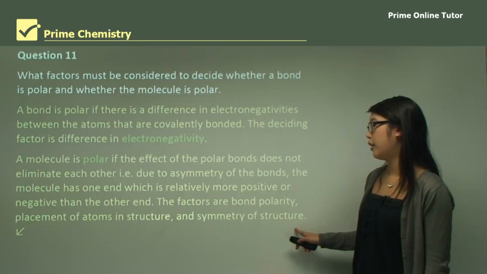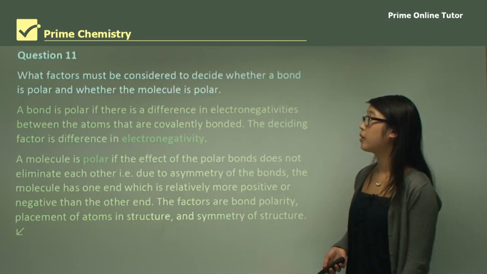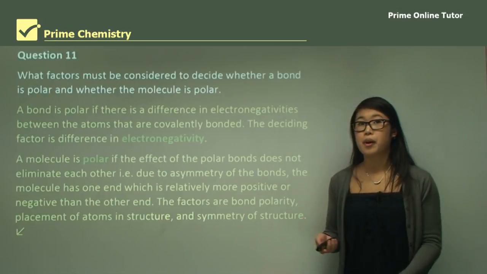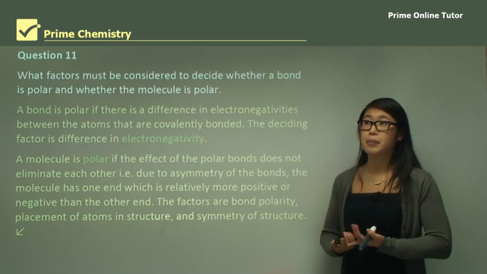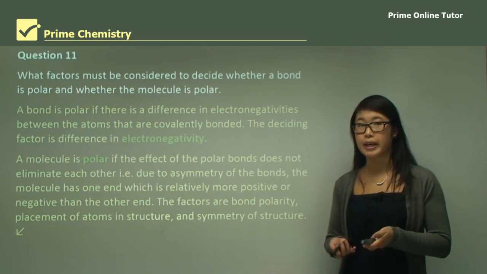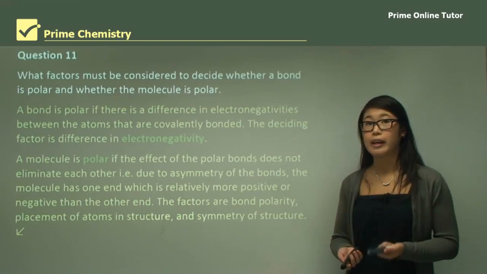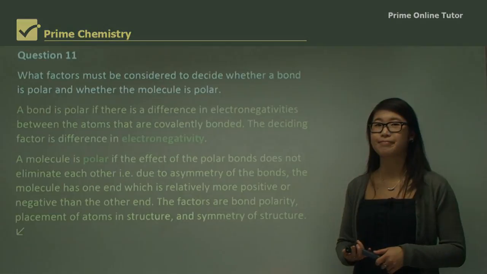So we need to look at the symmetry, and we need to look at if there's any polar bonds. So to recap, polar molecules require polar bonds in them, and then they must not be symmetrical, because if it's symmetrical, then all the polar bonds will cancel out. So it's polar bonds and not symmetrical.